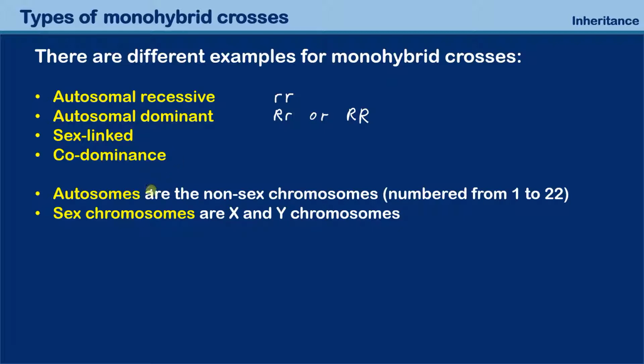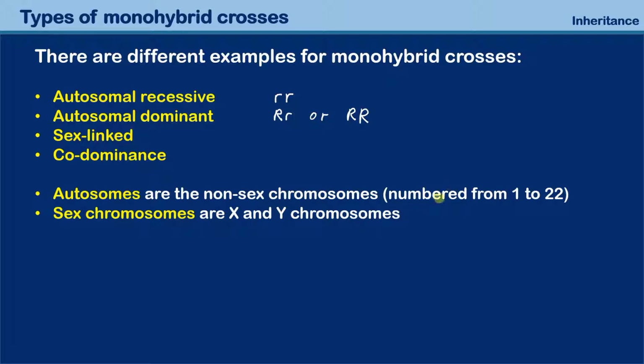Now, human beings have 46 chromosomes unless there is a chromosomal non-disjunction mutation. And these chromosomes, they have names. They're so-called autosomes, and these are the non-sex chromosomes, and they're numbered from 1 to 22. And then there are also the sex chromosomes, X and Y chromosomes.